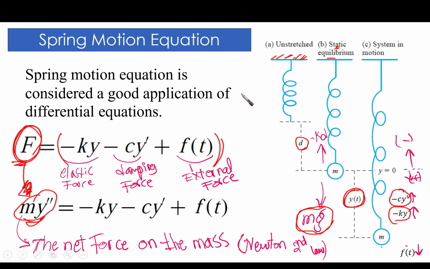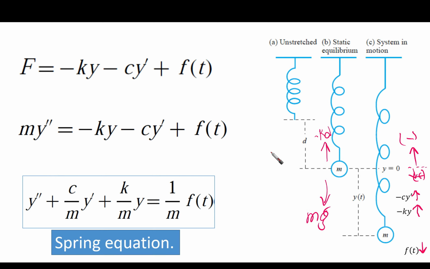Now we understand the meaning of the spring motion equation. Let's give further details. This is our equation, my double prime, the Newton law regarding this issue. We are going to rearrange it into a nicer form.